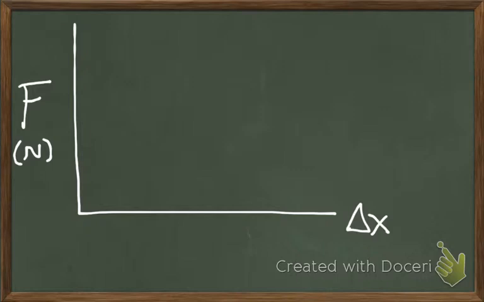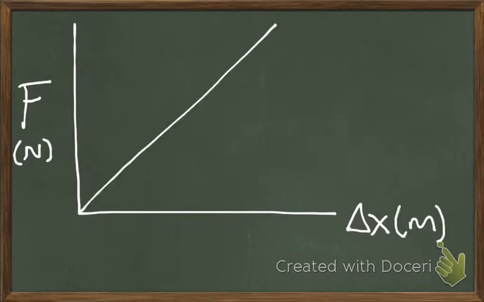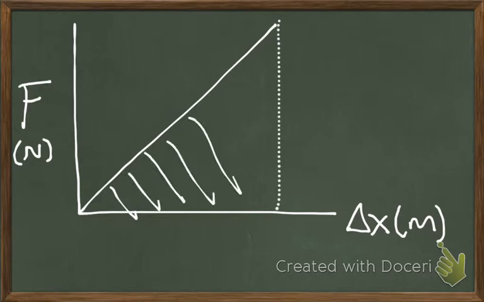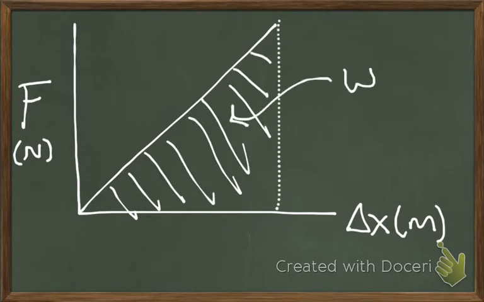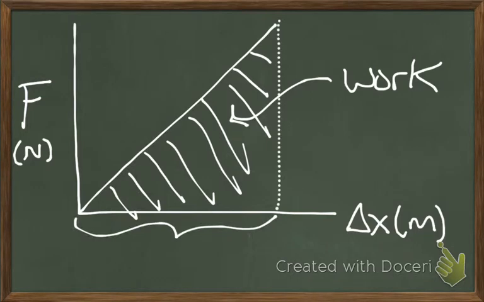In a graph, if you plotted the force over different points on a certain path, then here's how you could calculate the work. You could find the area. So if you find the area for any shaped force versus displacement graph, you will find the work. Doesn't matter if it's curved like this.